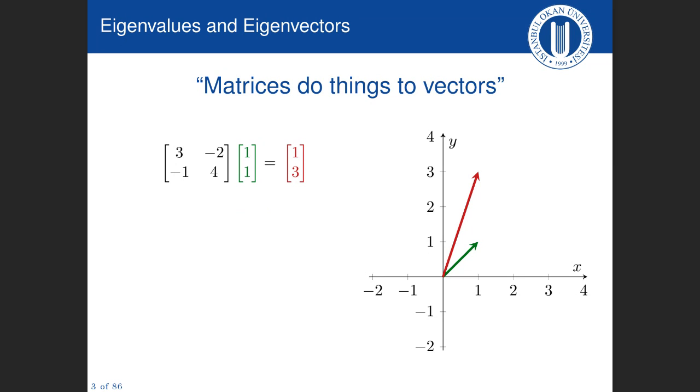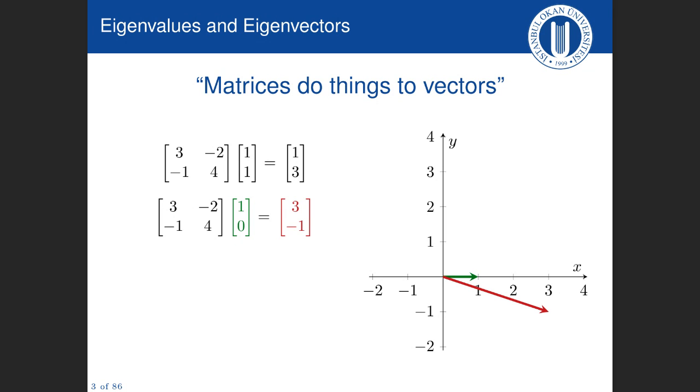Let's try another vector. Let's start with the vector (1, 0). Same matrix, it's always going to be the same matrix. If we multiply on the left by this matrix, what happens to the vector (1, 0)? This time we get the vector (3, -1). So again, we're stretching it, but this time we're rotating clockwise.